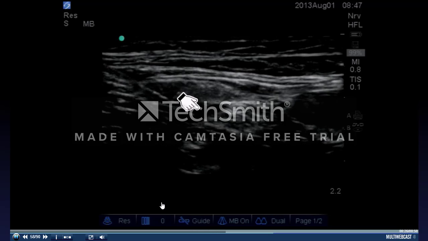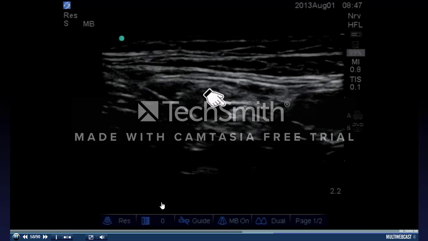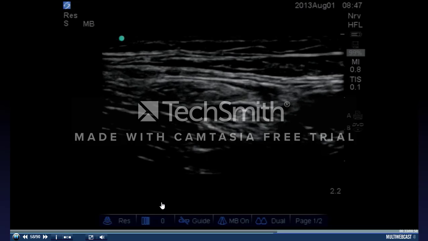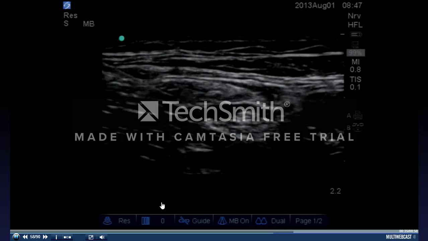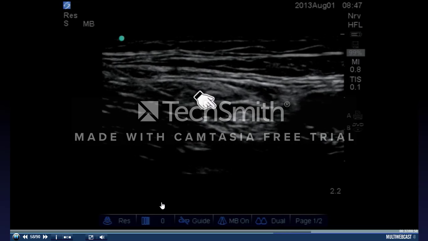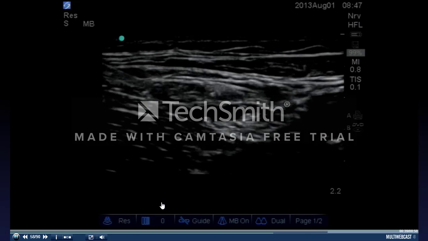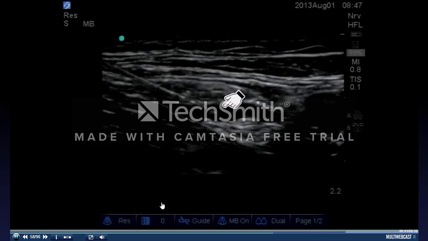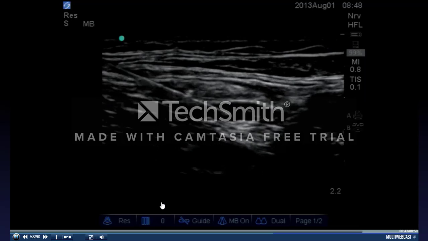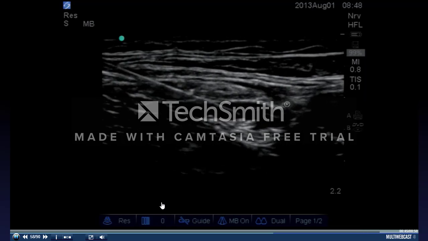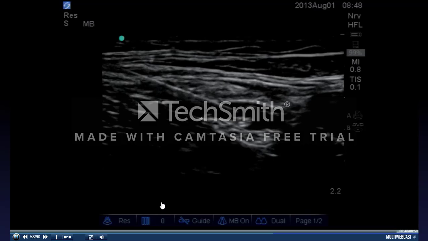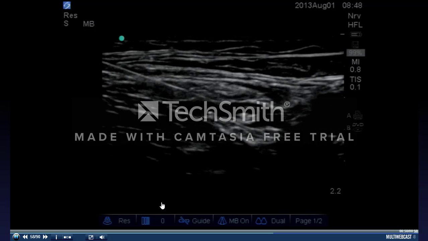So now this is hydrodissection over the femoral nerve, and normally I find you don't have to surround it posterior or anterior. That coverage will normally be enough. And there you can see the needle tip. You've created the space with the local anesthetic, and I feel this helps with the safety of the block performance.